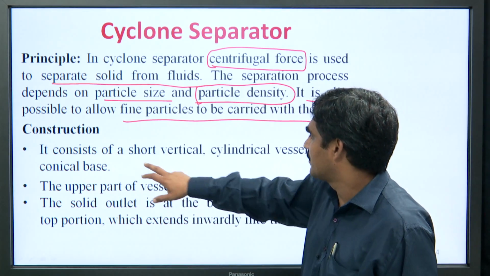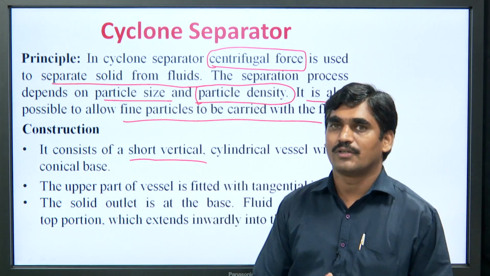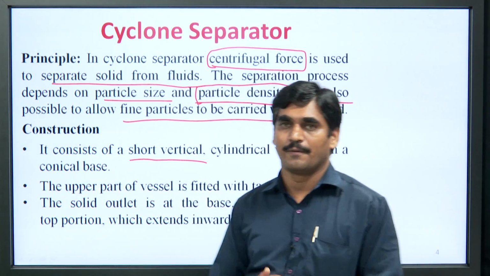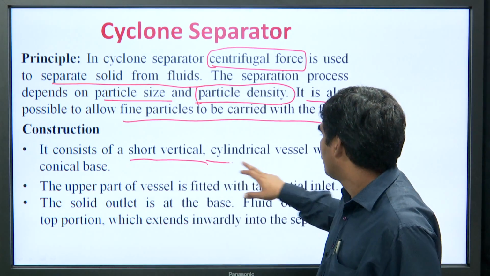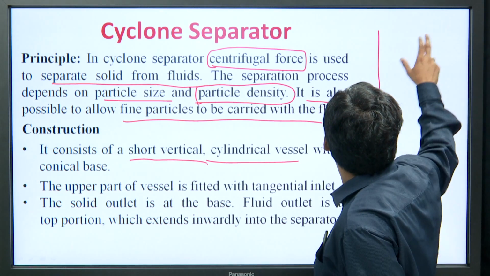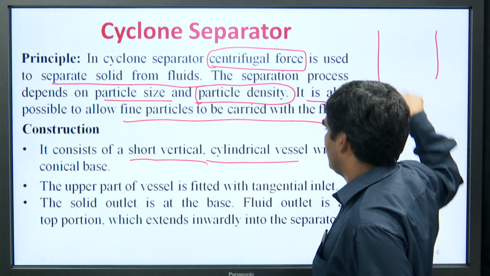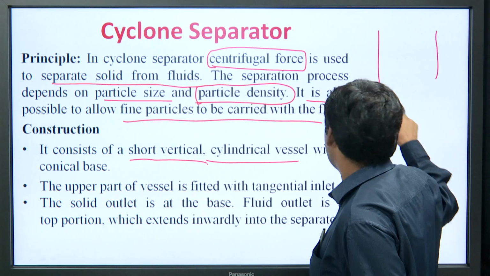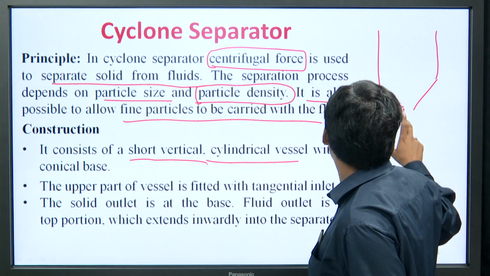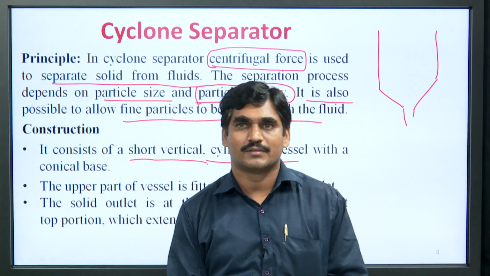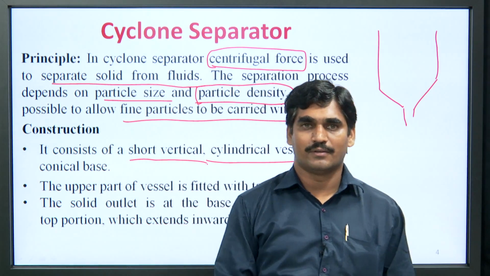Construction of this apparatus: it consists of a short vertical cylindrical vessel. That means, this is a type of short vertical cylinder type vessel with a conical base. This is a primary diagram of cyclone separator.